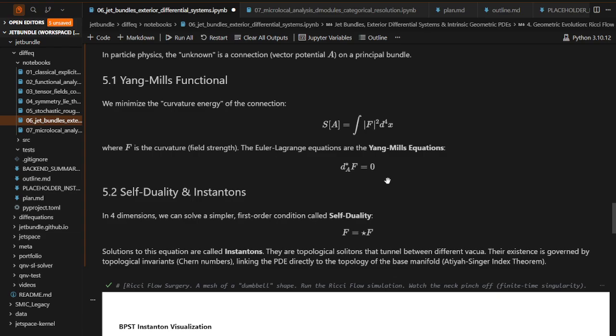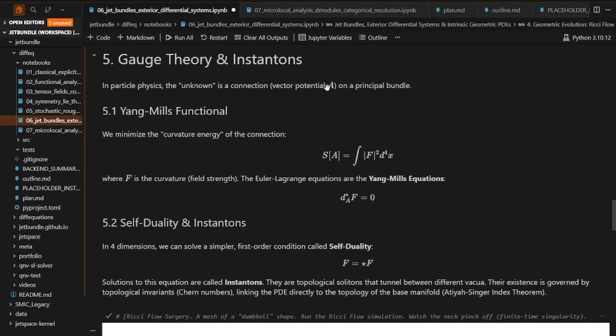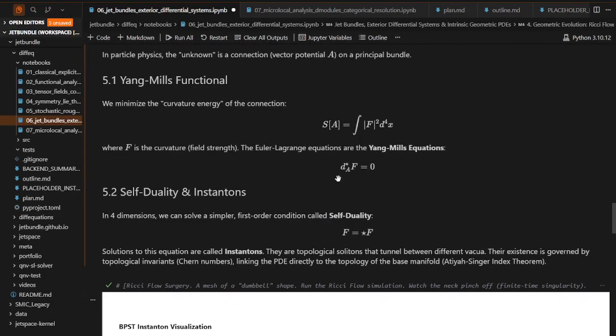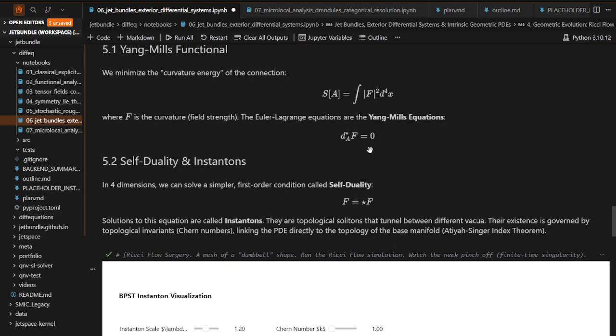So if we minimize the integral of the curvature of some connection A, and of course this would be for the exterior derivative acting on the curvature, or field strength 2-form, the Euler-Lagrange equations are simply the Yang-Mills equations.